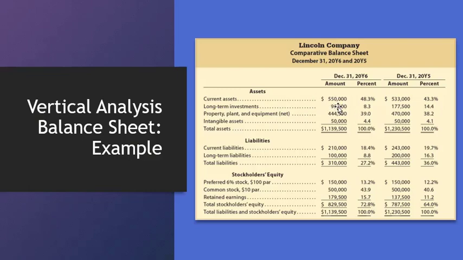Long-term investments, 95,000 divided by total assets, 8.3%. Long-term investments represent 8.3% of total assets, okay? So every single number is going to be divided by total assets to get the percentage. And then you can do the same thing for prior year. You'll just divide by that year's total assets. But again, every number gets divided by total assets, and that gives you the component percentage.